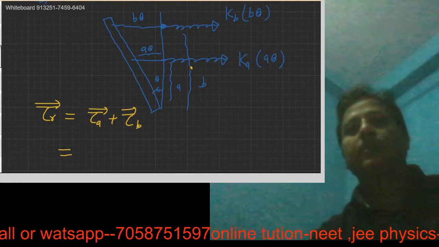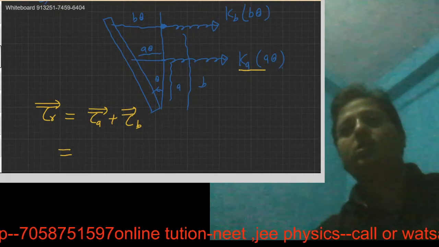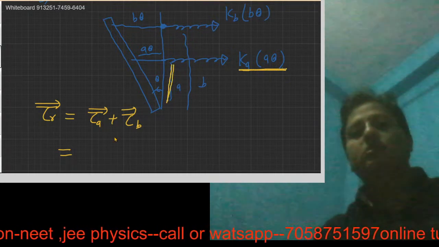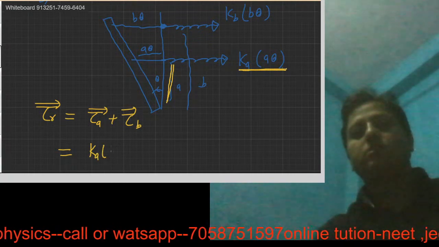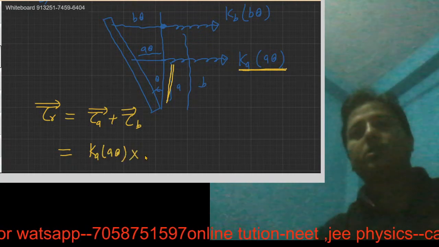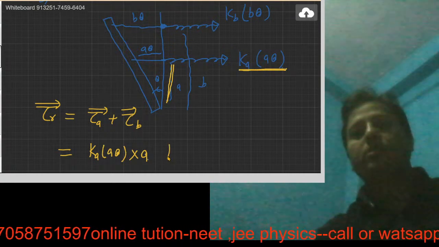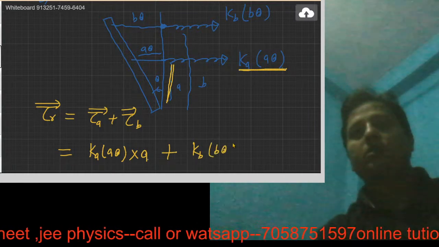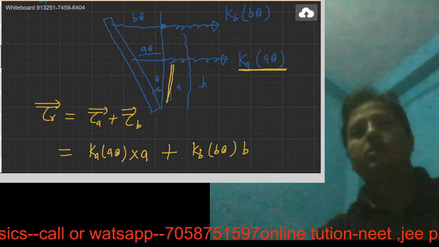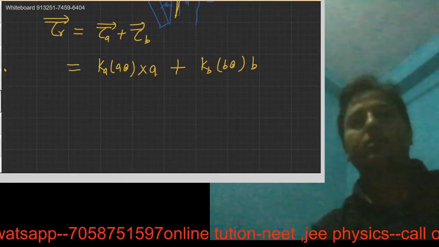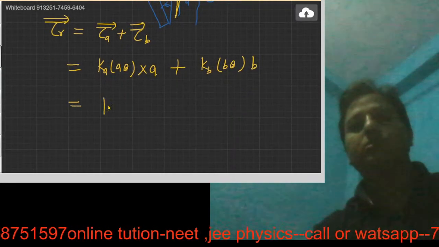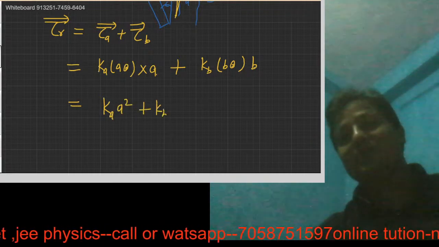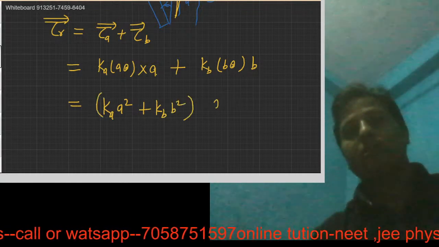Here the force is Ka into A theta and the perpendicular distance is A. So the torque is Ka into A theta times A, plus Kb into B theta times B. That equals Ka A square plus Kb B square, into theta.